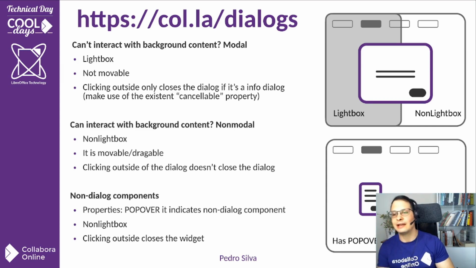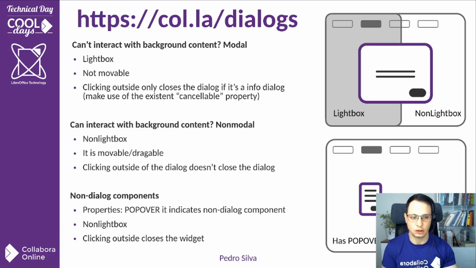For example, we have a lot of non-dialogue components that might share the same code, or might be generated within the same place, but they are actually these drop downs, these contextual options, and they have slightly different behavior. For instance, clicking outside should close the widget.